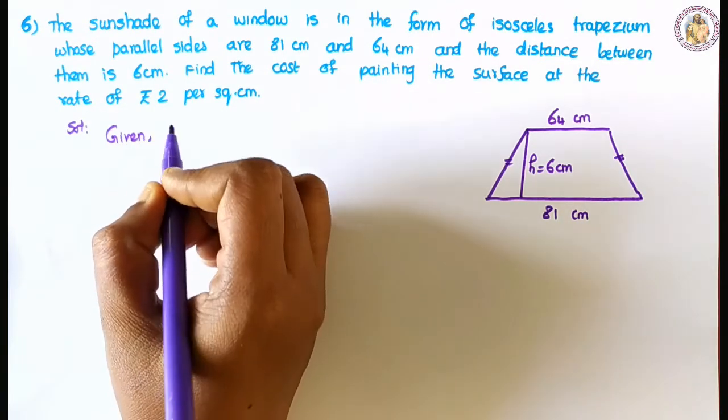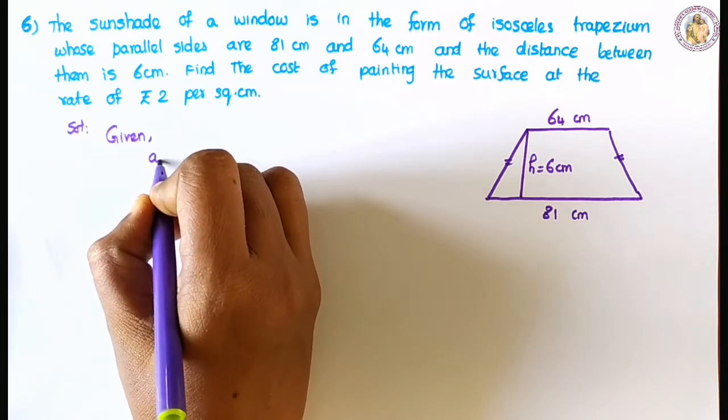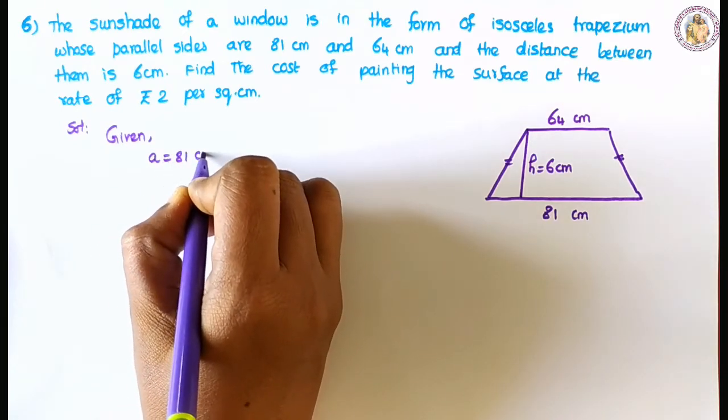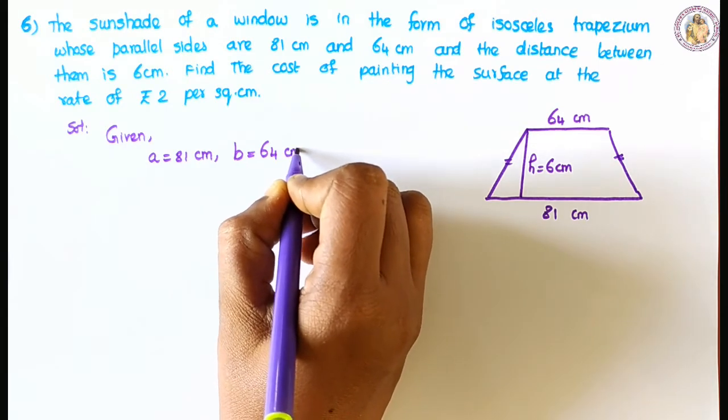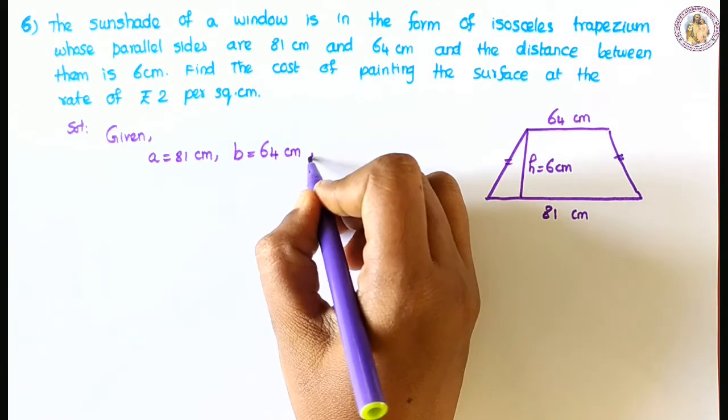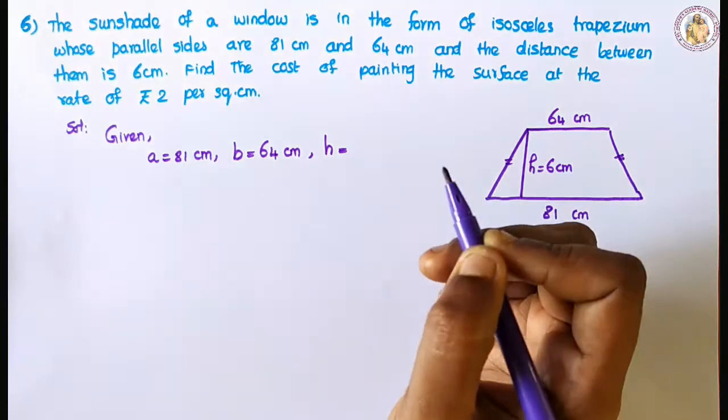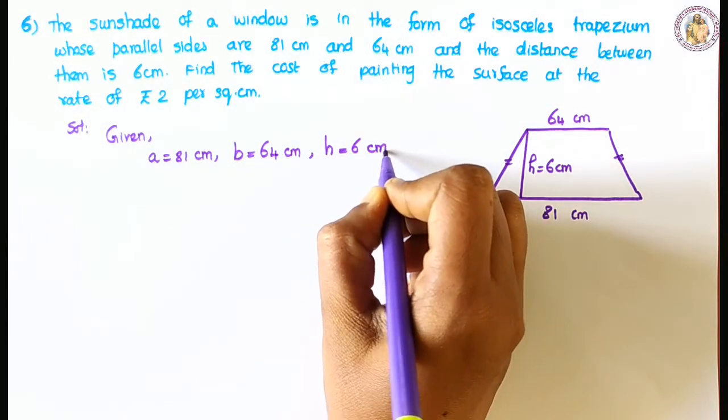Write down what they given first. A equal to 81 centimeter and B equal to 64 centimeter and height equal to 6 centimeter.